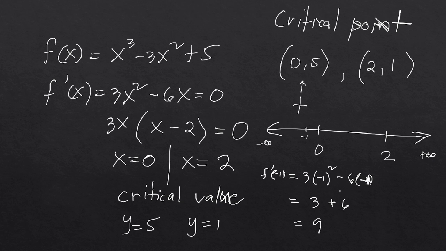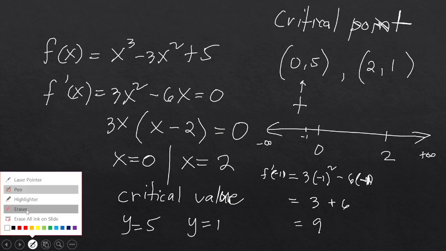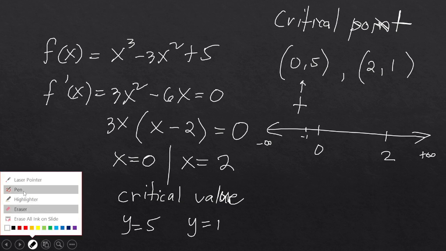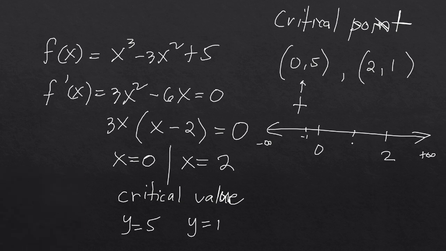Okay? While if we get another testing point from the other interval, let's erase this first. So in between 0 and 2, we can have positive 1. If we use positive 1 here and test that in the first derivative, f prime of positive 1 this time is 3 times positive 1 squared minus 6 times positive 1.